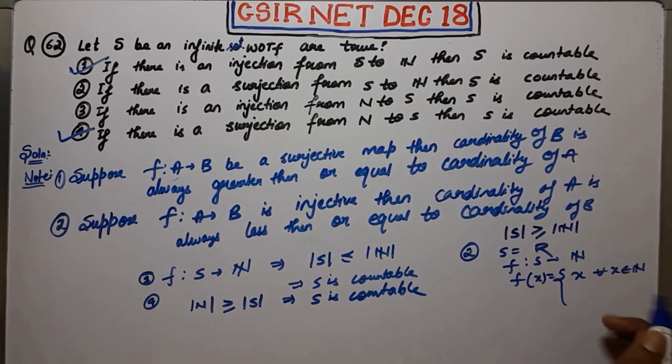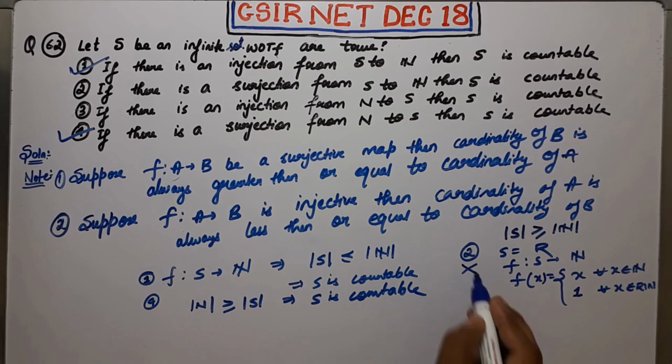So f(x) works like this, f(x) = 1 for x belonging to R minus N. So for all real numbers which are not natural, I am sending them to 1. You see this map is a surjective map, but S is not countable, so your second option is incorrect.